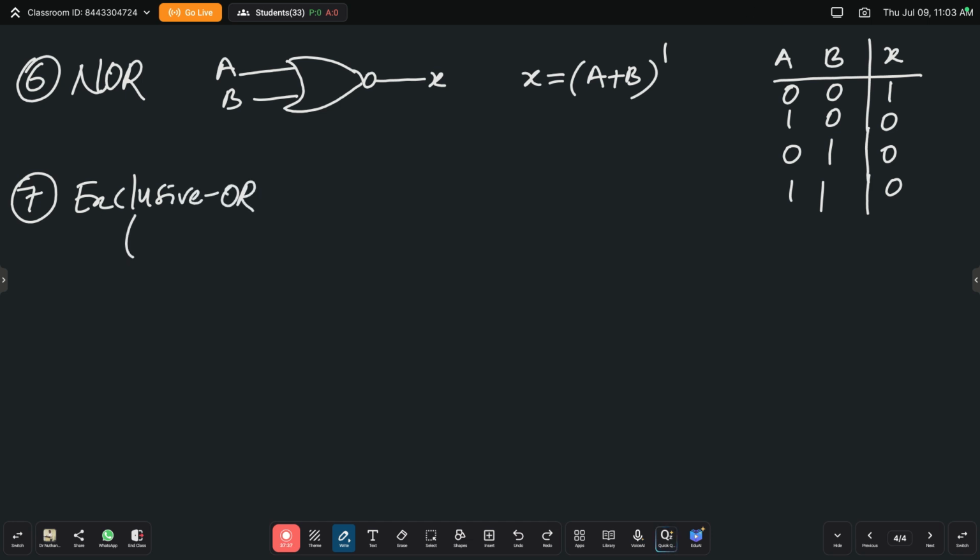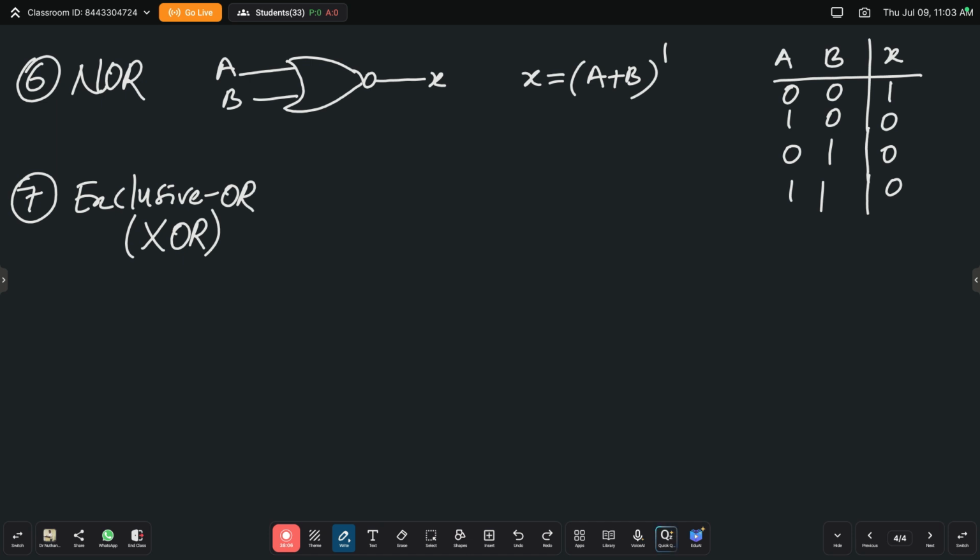Yeah, please. Next, exclusive OR. Exclusive OR will be called as XOR. Do you know this? You don't know. I will tell you. Just write down. Exclusive OR. The output of this exclusive OR gate, just you write down one statement, you can understand.